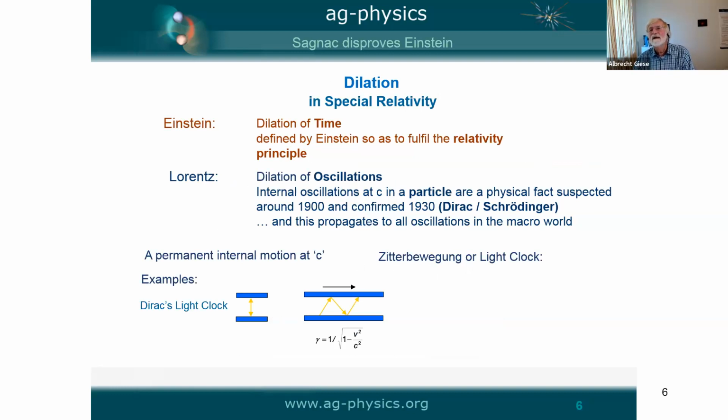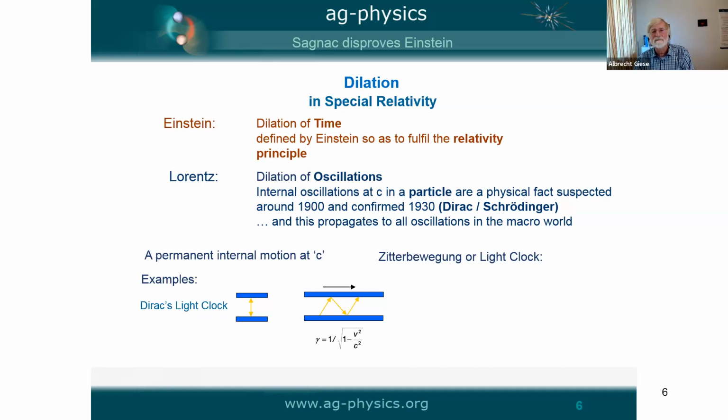That was a physical fact suspected around the year 1900, a bit speculative at that time, and later confirmed in 1930 by Dirac and Schrödinger. Precisely speaking, it's done for the electron, but there's no reason that other fermions do it in a different way. And this dilation propagates to all oscillations, also in our macro world.